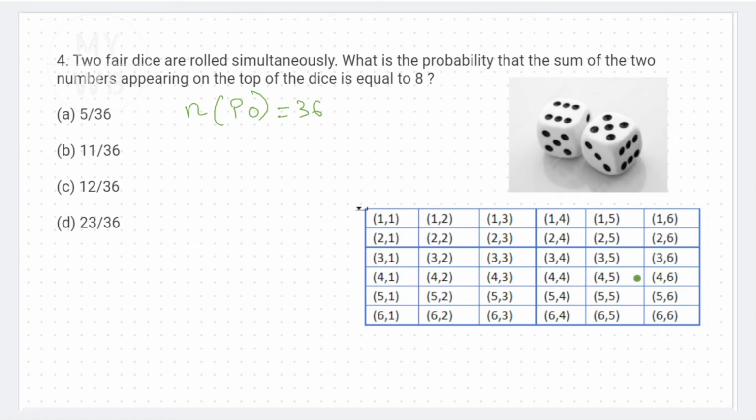So where do we find such outcomes here? 6 plus 2 is 8, 3 plus 5 is 8, 4 plus 4, 5 plus 3, 6 plus 2. So you have 1, 2, 3, 4, 5. 5 favorable outcomes. So number of favorable outcomes is 5. Probability will be 5 divided by 36. So answer is option A.